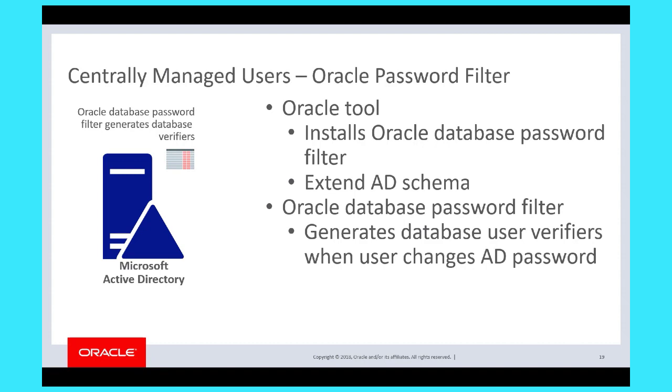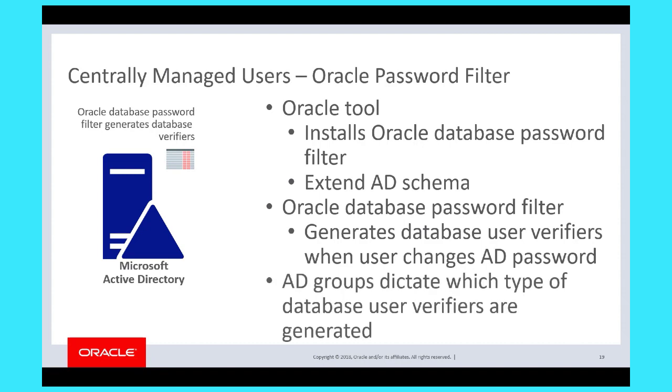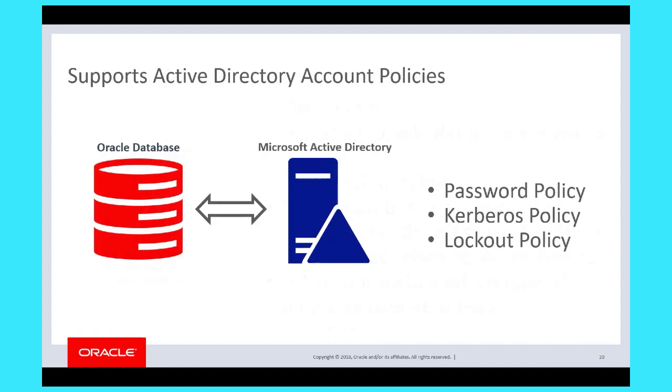Now in a standalone database, you control this by using login versions and sqlnet.ora. In an Active Directory environment, you control it by using database or Active Directory groups, and which groups a user belongs to determines which types of verifiers are going to be generated.